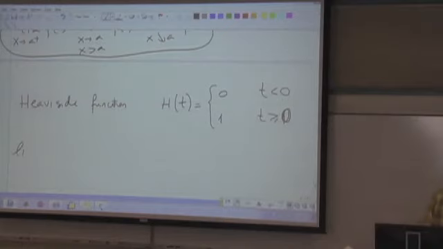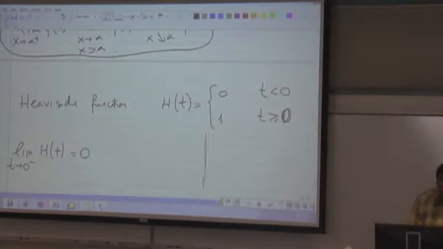What is the limit as t goes to 0 minus of h of t? Zero. Should I make a graph of it?